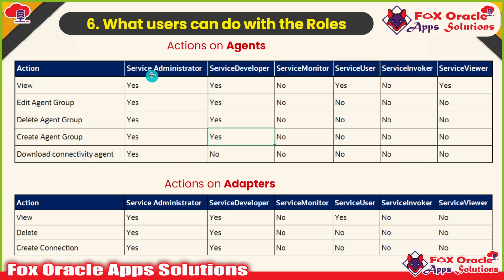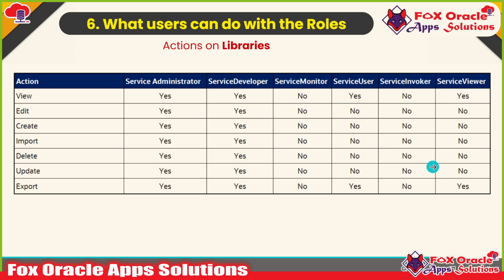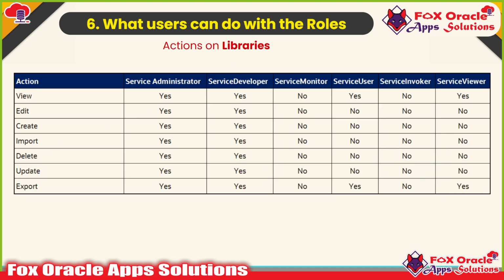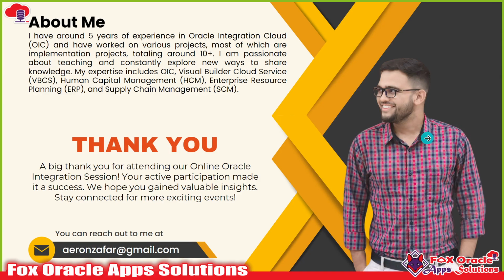Only a user with service administrator access can download the agent. You can see the agent download option here. If your user doesn't have the service administrator role, even if your user has the service developer role, your user won't be able to download the connectivity agent. That's how secure integrations are. And the same goes for libraries, packages, and all. So these are all the roles and privileges we have for this integration.